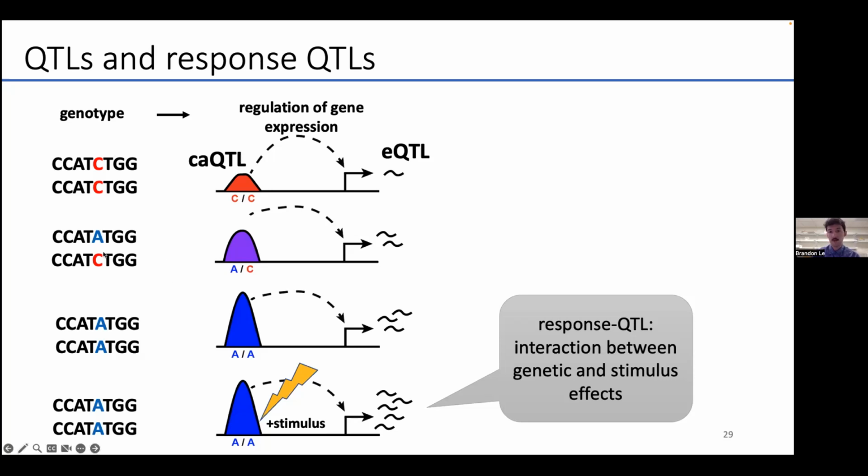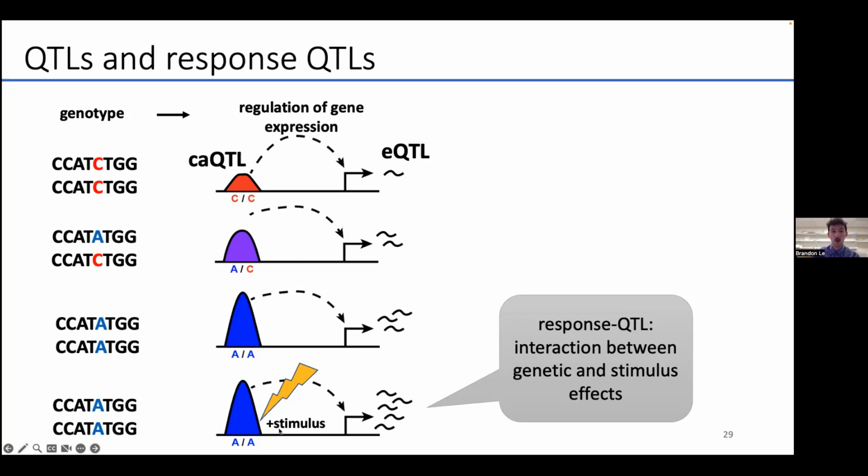So again, take this example genotype that comes in either a C or an A allele. We're going to capture all these ATAC-seq profiles and look to see changes in chromatin accessibility. And if this genetic variant is associated with changes in that accessibility, we call that a chromatin QTL.